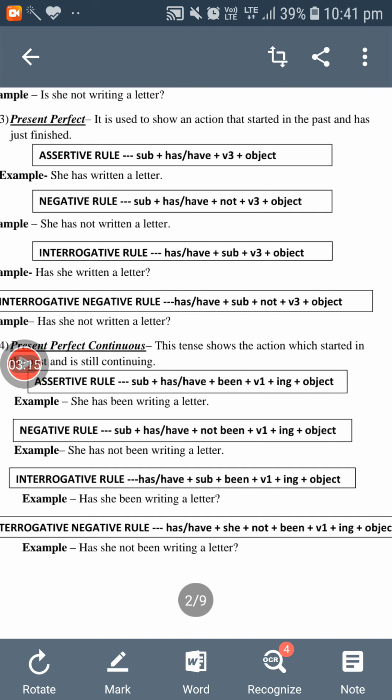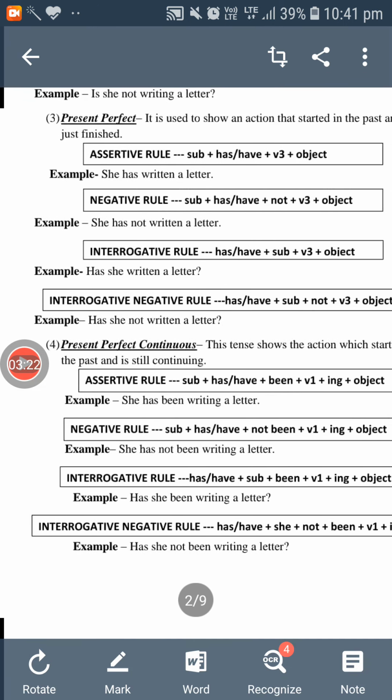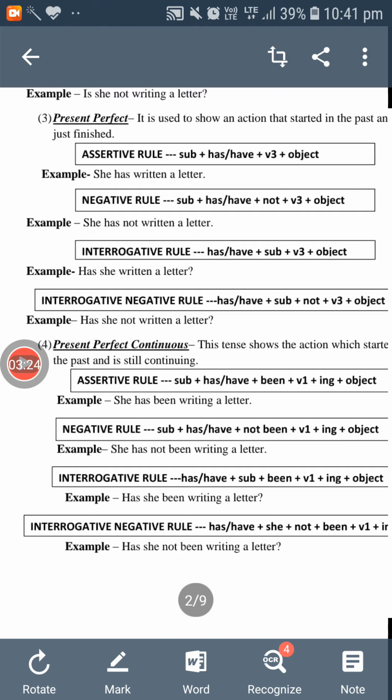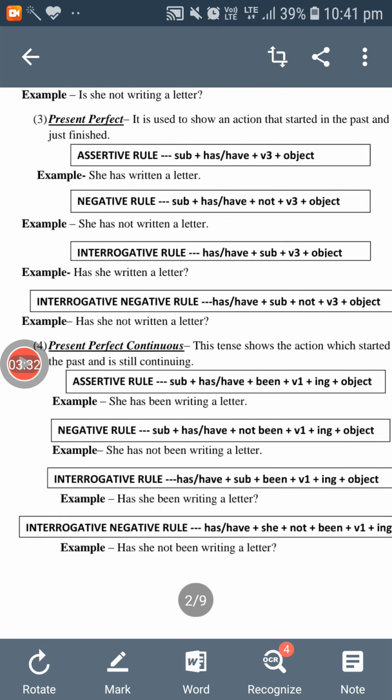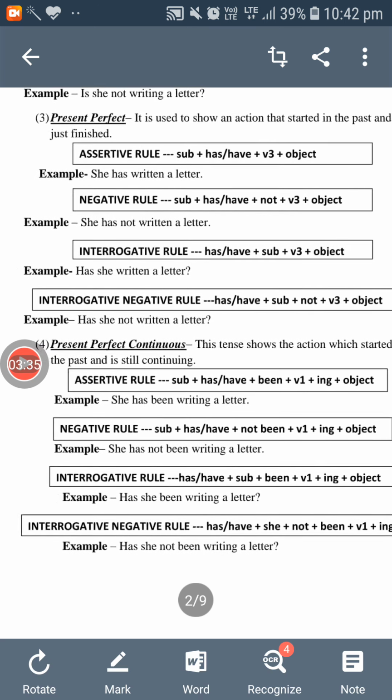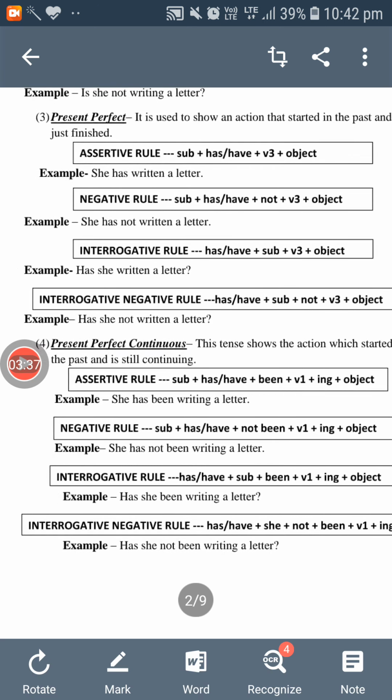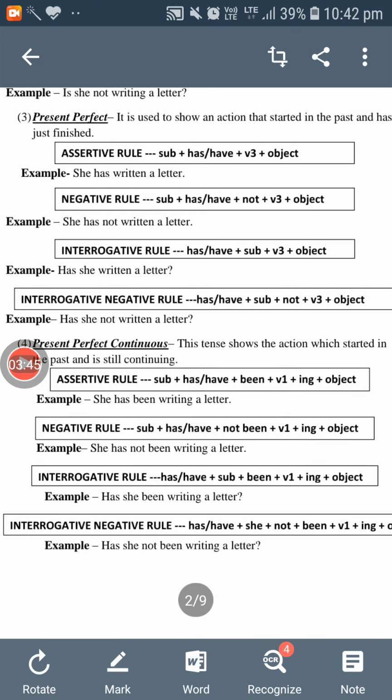With the interrogative rule, we use has/have plus subject plus V3 plus object. So these are certain rules of present perfect tense for making assertive, negative, interrogative and then interrogative negative sentences also. One example I have given here, and I am sharing the notes of tenses in detail. Please go through them well and make your notes in your classwork copy.